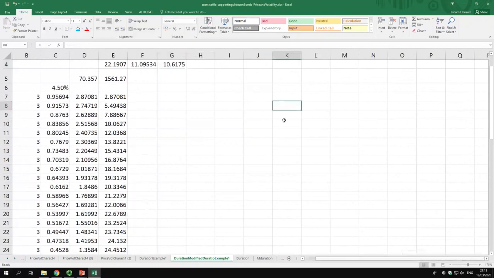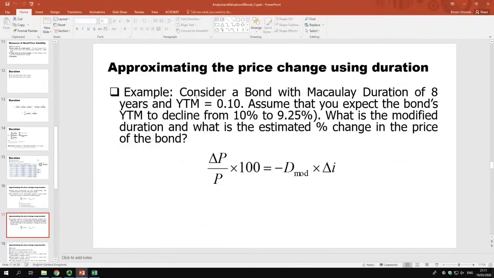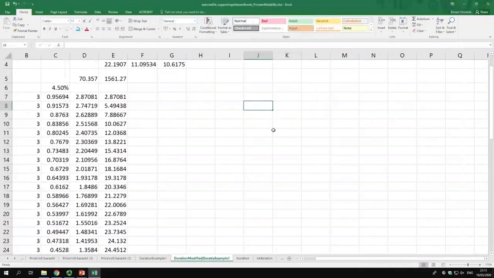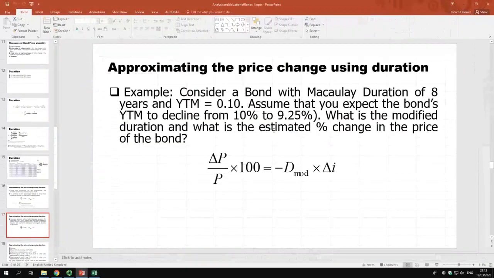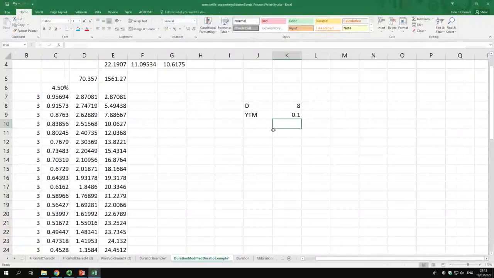So the question has given you a Macaulay duration of 8. I'm going to type in D equals 8 years, and then the yield to maturity is 0.1, 10%, and then you expect it to decline from 10% to 9.25%, that is the new yield.